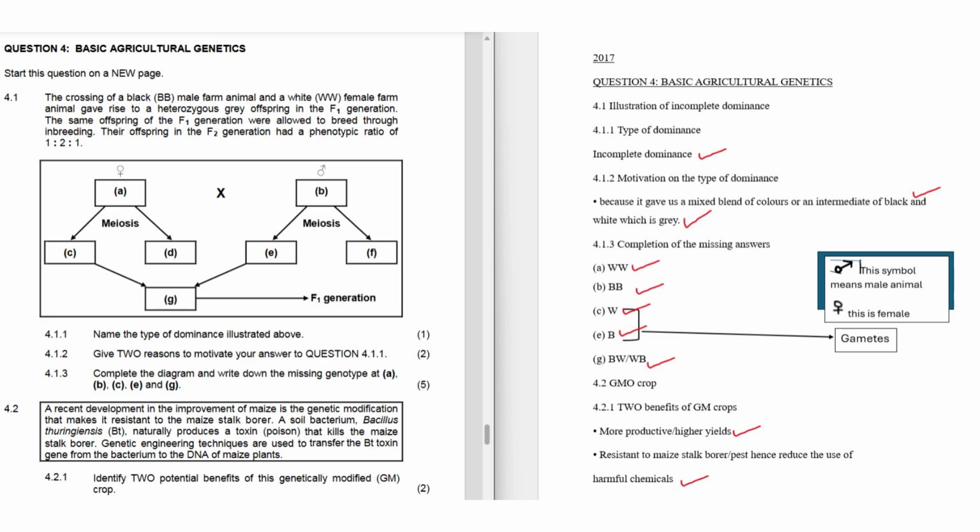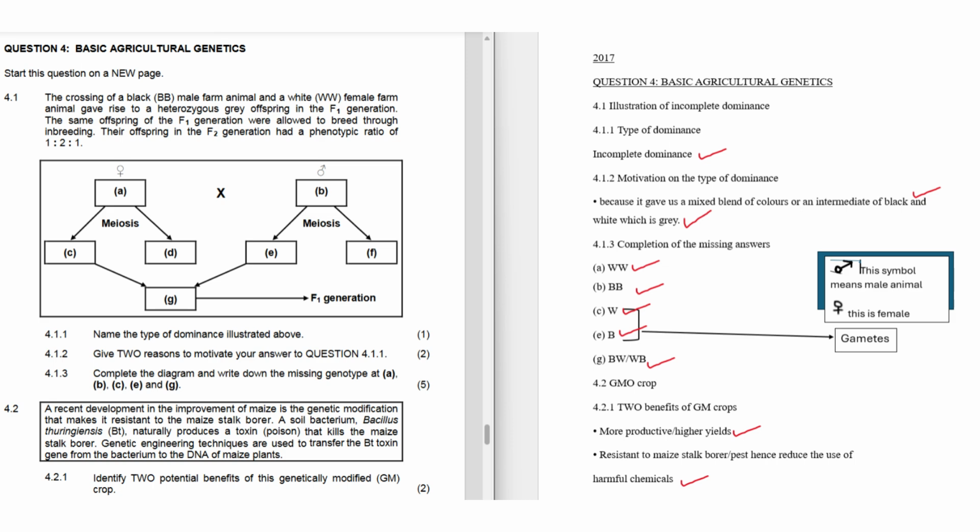Then the white female is also homozygous dominant because it has 2 capital letter W's. An alternative name for homozygous is purebred. Purebred means the same thing as homozygous.